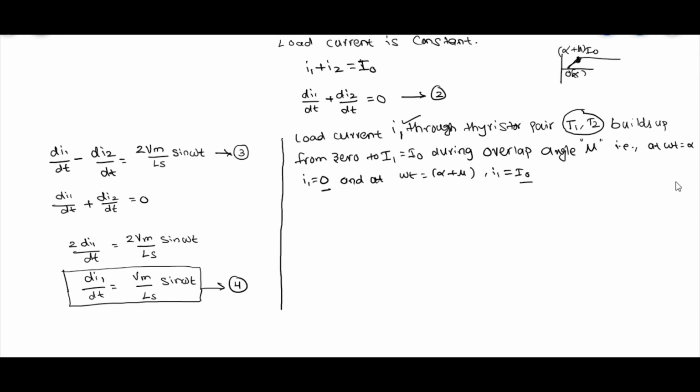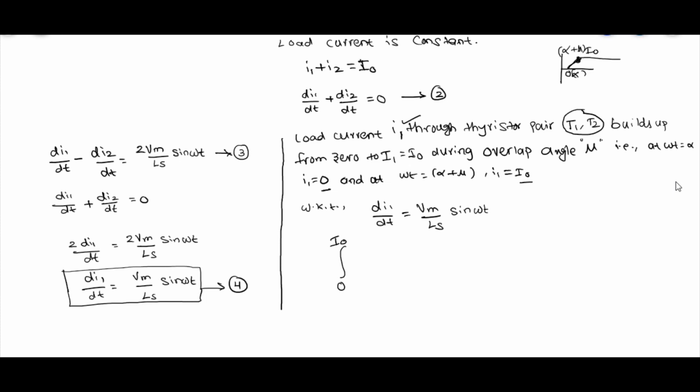We have already derived di1 by dt equal to Vm by Ls into sine omega t, right? Let us integrate on both sides. I1 is increasing from 0 to I0, so the limits are from 0 to I0.